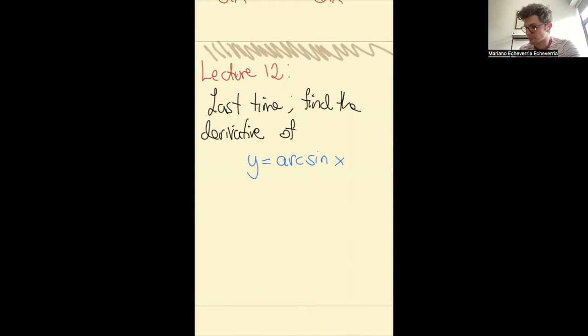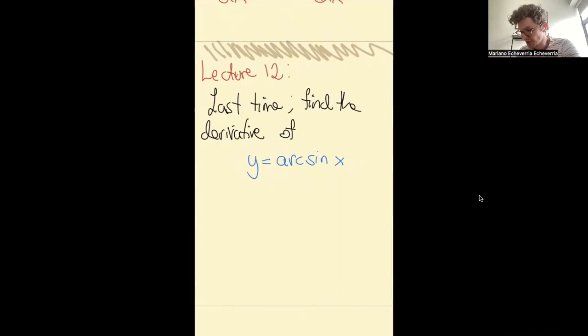And the idea is that arc sine is the inverse function to sine of x. So when you try to find the derivatives of these functions, you have to take advantage of the fact that you know the derivative of sine. So we have to somehow make the sine function appear in this equation.